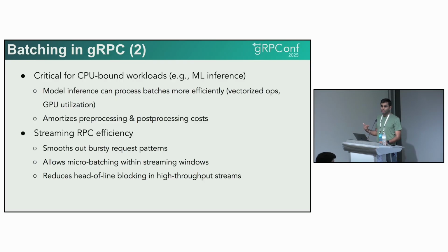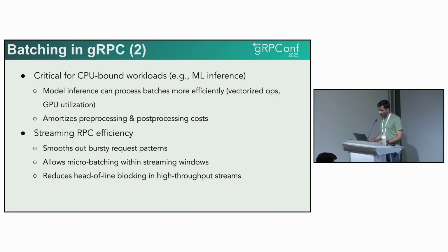Now your kernel will run the vectorized operation. You will also be able to fully utilize your GPU, because a GPU has a lot of cores. So you will achieve high throughput, and you will stop paying the fixed cost over and over.